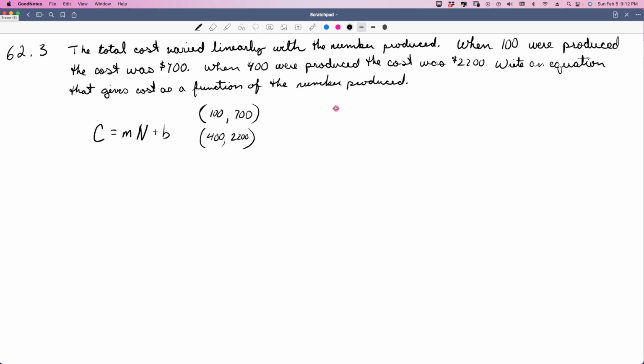We're going to put in 700 for C is equal to M, and our number is 100, that's our x, plus B. Our second point is going to be written as 2,200 is equal to M times 400 plus B. So now we have a system of equations with 2 variables, which we know how to solve.